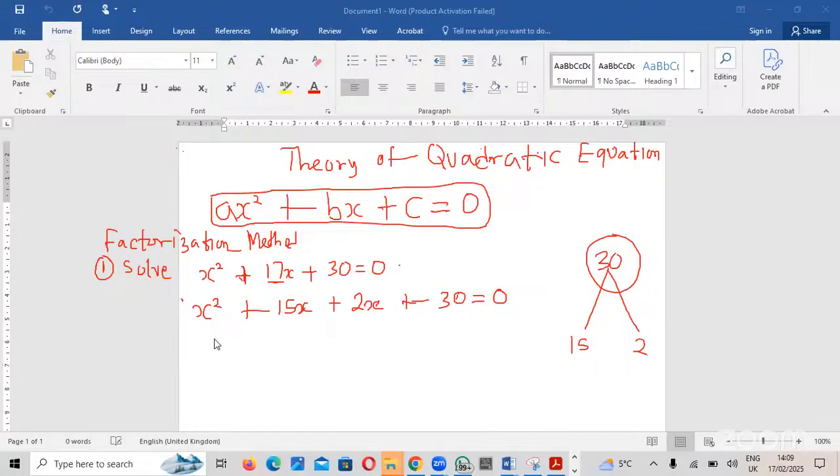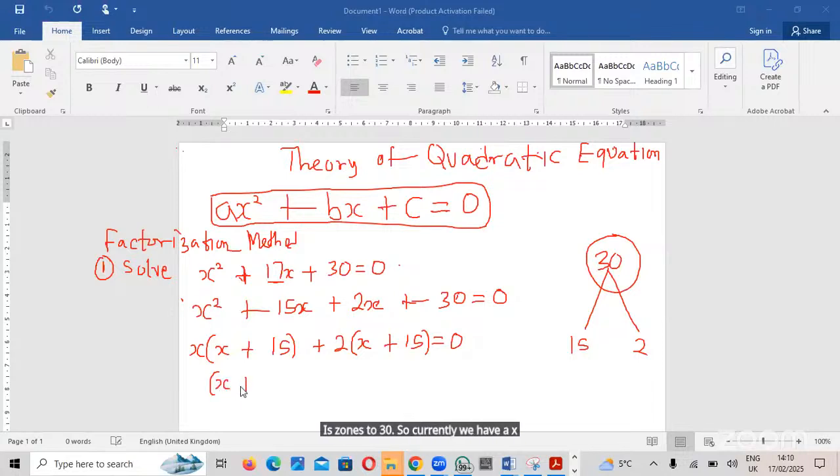Then what is common here? x is common, I bring it out: x times (x plus 15). What is common here again? 2 is common, plus 2 times (x plus 15). So we currently have (x plus 15) times (x plus 2) is equal to 0.